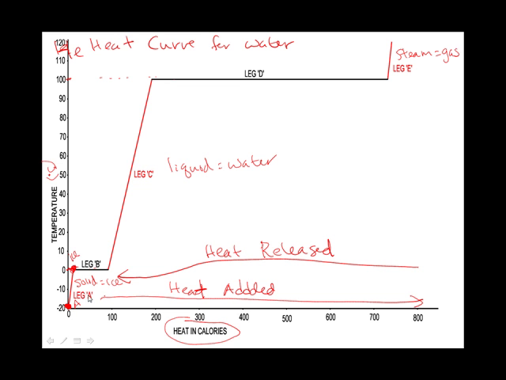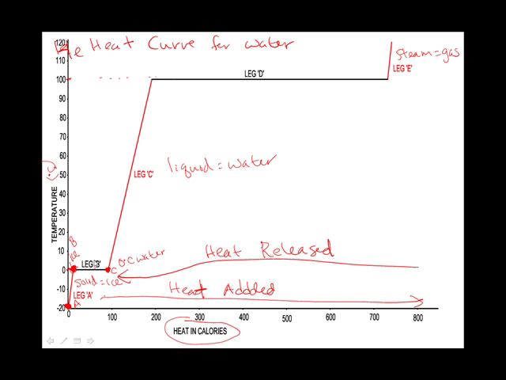This point right here, I'm going to call point B, where we have 0 degrees Celsius ice. As you add more heat, the ice starts becoming a liquid, and the energy I add is used to melt the ice into point C, 0 degrees Celsius water.